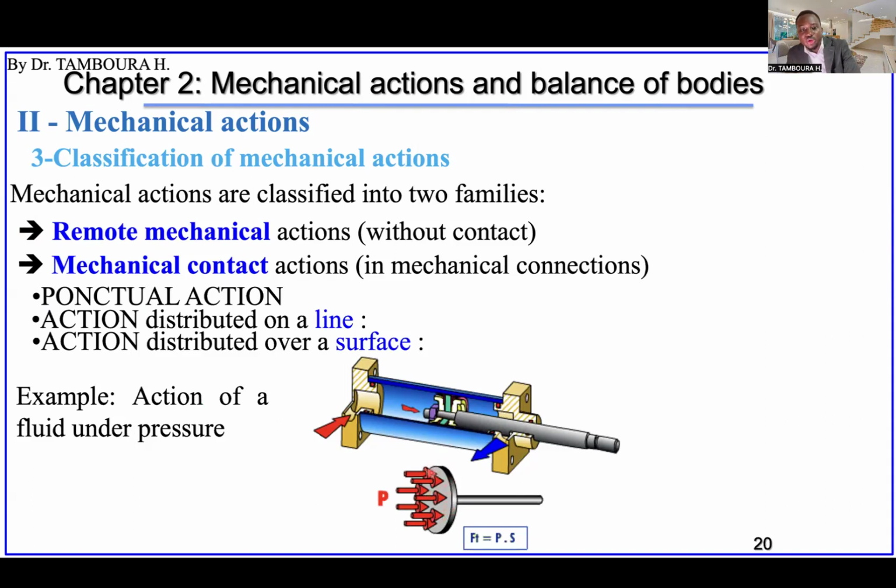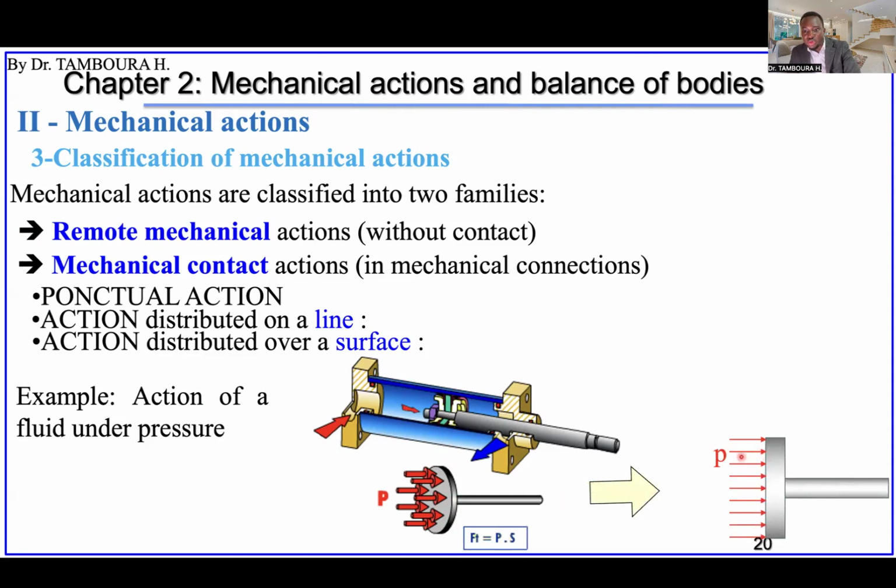It's like all the points on this surface are covered with contact points, punctual actions. If you want to have the force in this case, you have to do pressure multiplied by the surface, right?